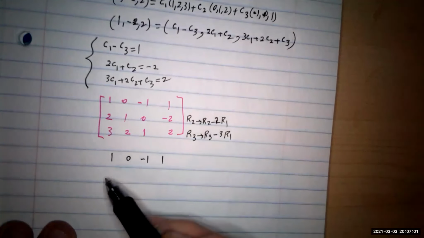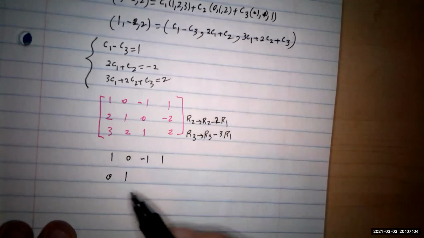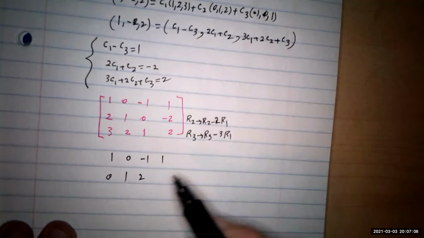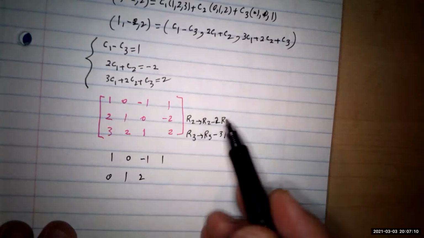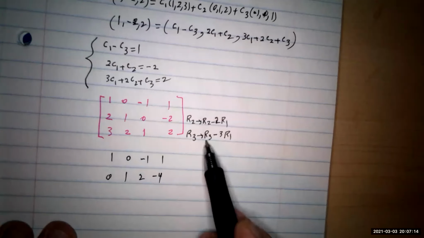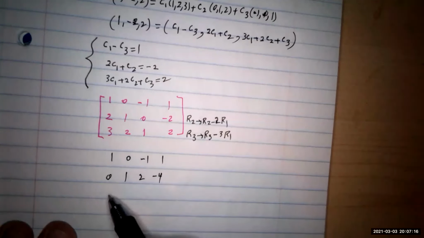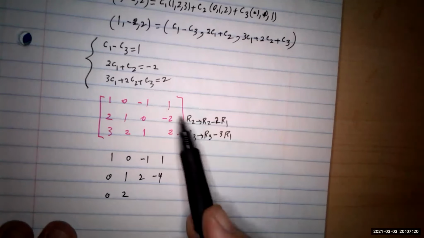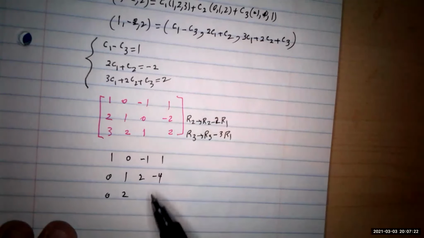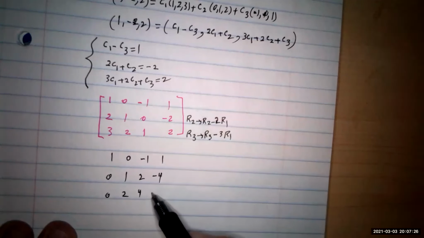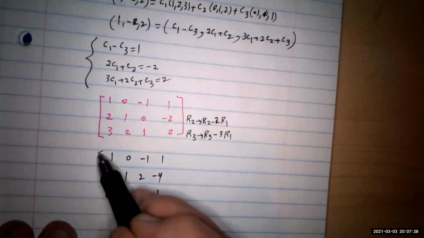Then 0, 1, -2, so that gives you a +2, and the -2, -4. Over here, R3 minus 3 R1, 0, 2, 3 R1 that makes it 4, 3 R1 that gives you a -1.